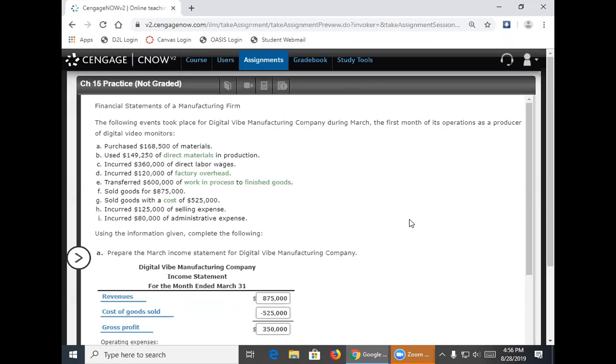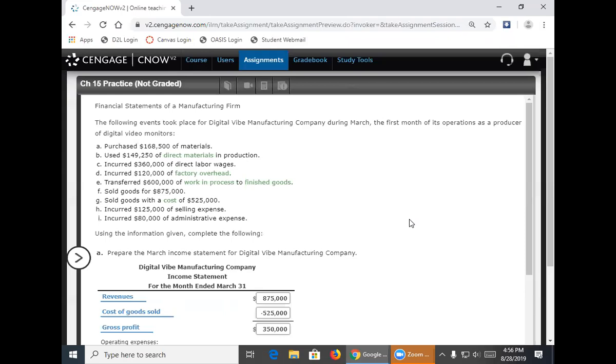So it tells us on part E, it said we transferred 600,000 of this work in process to finished goods. So 600,000 was actually completed and transferred out. So we'll show that as a credit over here. The 600,000 goes into FG, or finished goods.